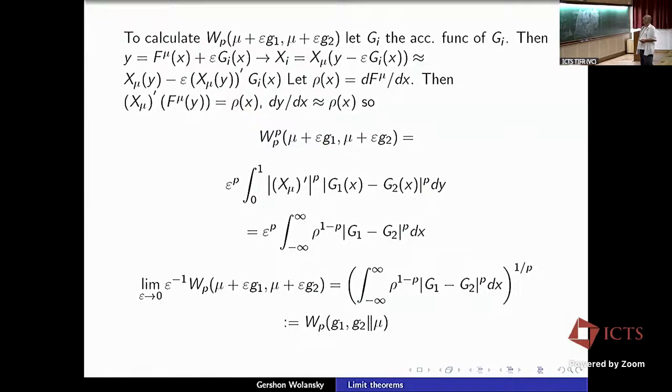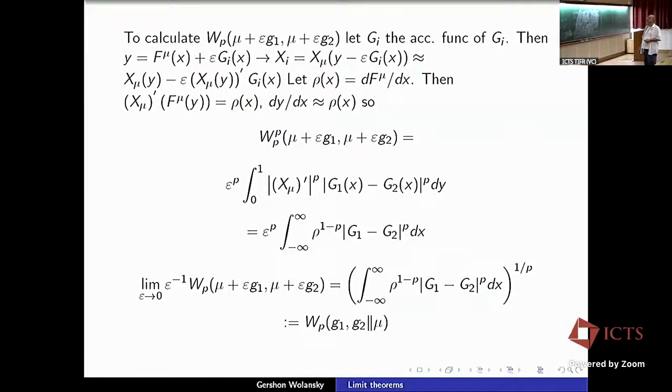Or we can change variable to x and transform it, replacing x prime to 1 over rho and dy to rho dx. So we end up with this integral over the line, rho to the 1 minus p times g1 minus g2 to the power p. So you see that if the density rho is zero in some interval, this will be infinite. Yeah? Why is it infinite?